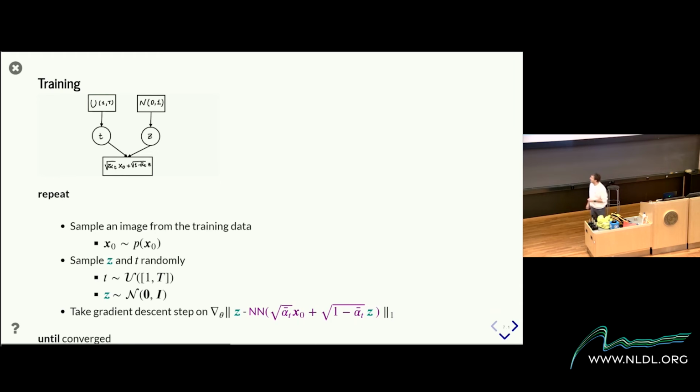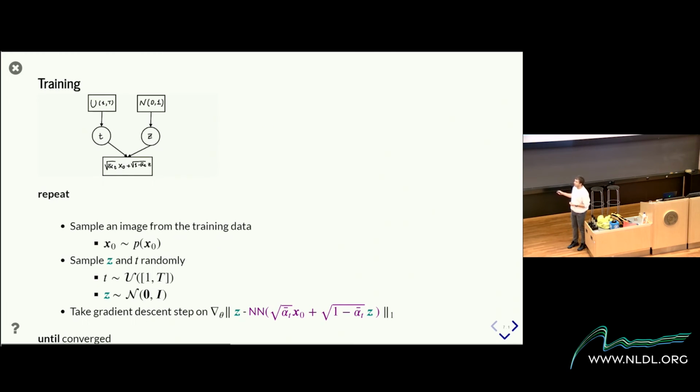So this is how the actual training process works. We extract some time index t, and then we extract some noise z. So we compute the noisy image at time t. And then what we do is this process. We sample an image from the training data, x0.